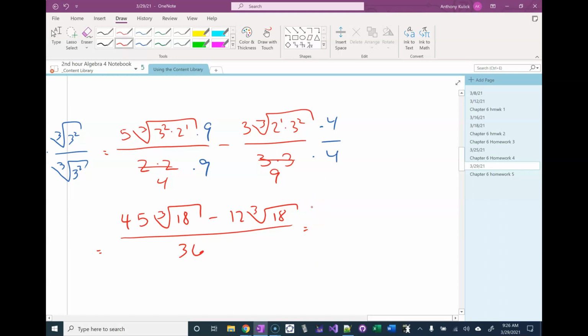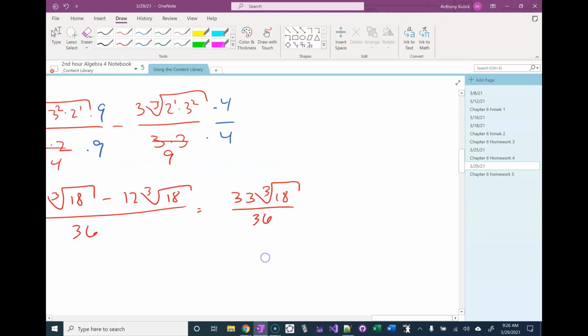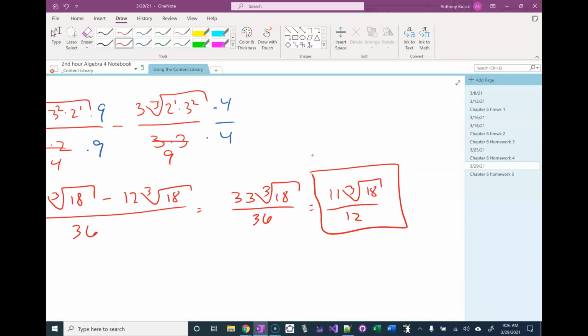So 45 minus 12 is 33. And then 33 and 36 can reduce because there's a factor of 3 in common to both of them. And that would be my final answer.